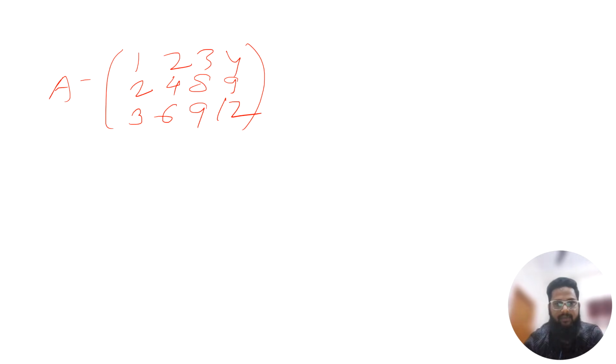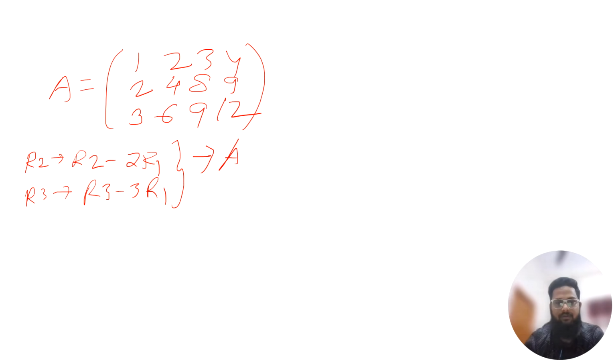Suppose this is the matrix I am taking. In a similar way, to make this RREF form, we are going to use row 2 is row 2 minus 2 row 1 and row 3 is row 3 minus 3 row 1, because 2 minus 2 will be 0, 3 minus 3 will be 0. Using these two, we are going to solve it.